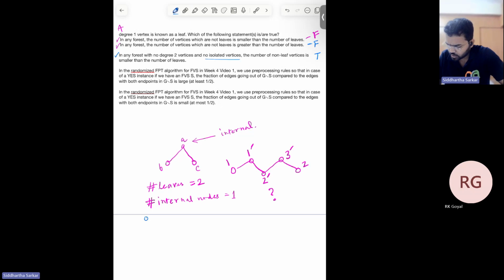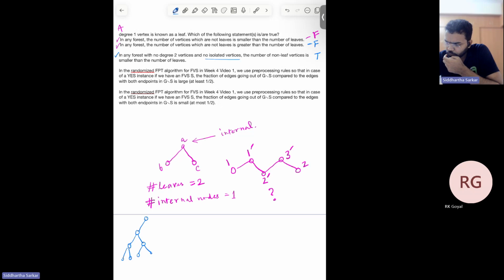After degree one, degree three is allowed. This can become a full binary tree kind of thing. So this is a figure: every vertex has degree one or three. This is allowed.